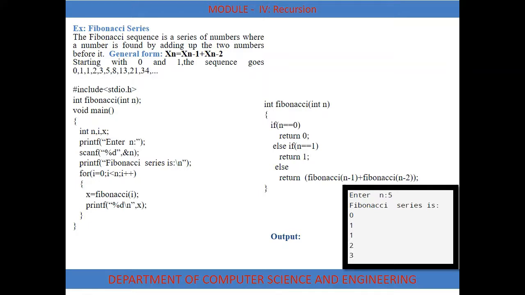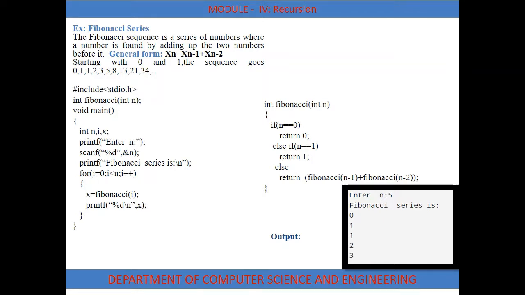Now for this Fibonacci of 2, again we need to call the function Fibonacci. That is, we need to pass these values to the function. Now Fibonacci 2 is replaced by Fibonacci of 2 minus 1, that is 1, plus Fibonacci of 2 minus 2, that is Fibonacci of 0.